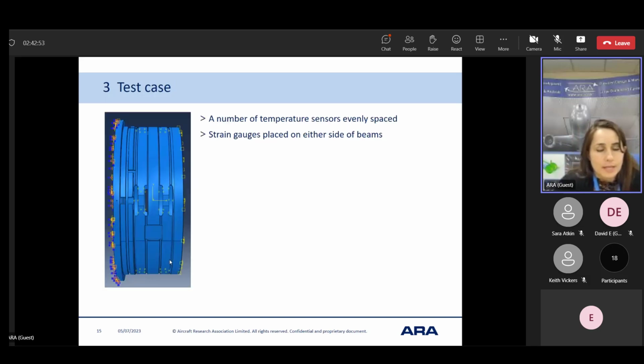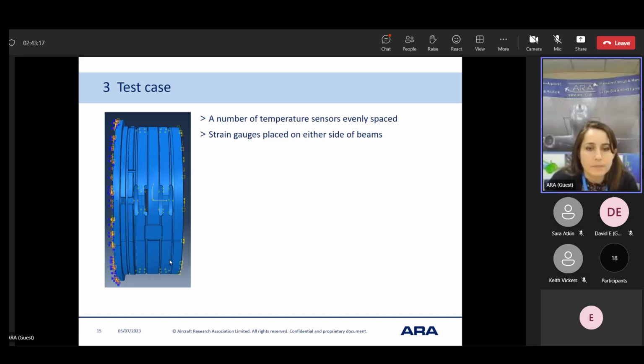So let's see a test case here. Due to a lack of experimental data, I use an FE analysis in order to test and compare my method against the FE simulation. On the Avant balance here, I have a number of evenly spaced temperature sensors.